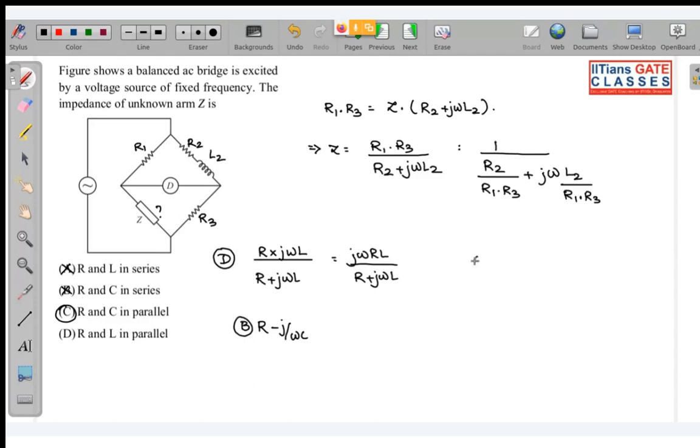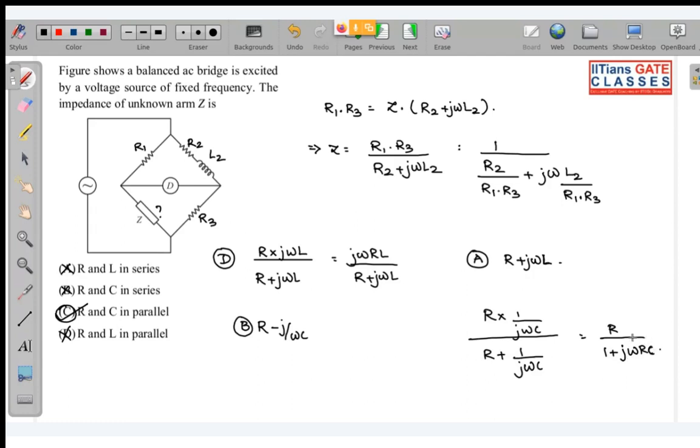So if you check option A, that is R and L in series, that also looks like this. This transfer function is not even looking like this. So the only option remaining is option C. And even if you want to check R and C in parallel, that will be R into 1 by j omega C divided by R plus 1 by j omega C. So you can write it like R divided by 1 plus j omega RC.